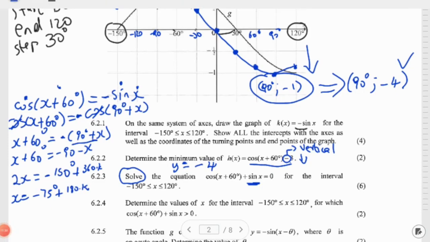And then now we can just play around with the k since it's an element of the integers. So we can just check. We have minus 75. If k is 0, it's going to make this 0, then we have x equals minus 75.